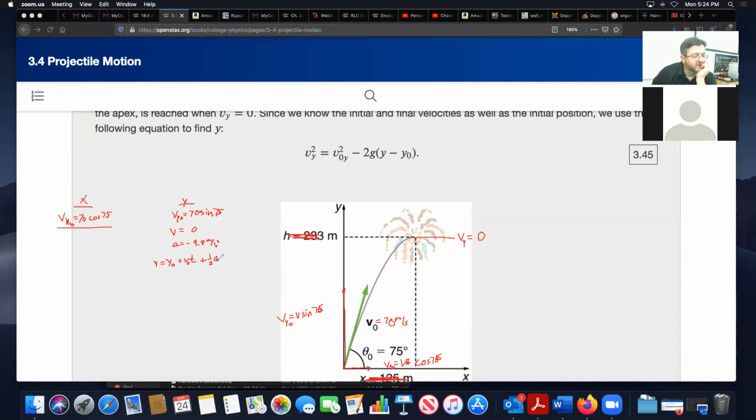That's one of our equations, right? We know the initial velocity, this number here. We know the acceleration. We don't know the final position. We know the initial position is 0. So that's not helpful to us, but it may be helpful to us eventually. But there's another equation that says the final velocity in y equals the initial velocity in y.